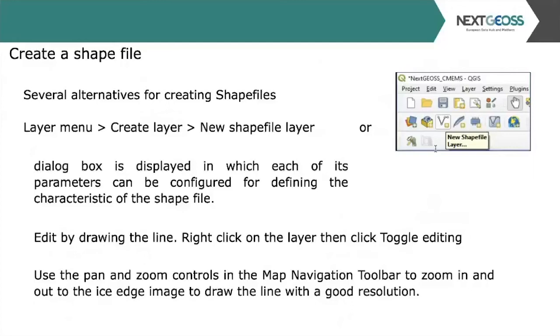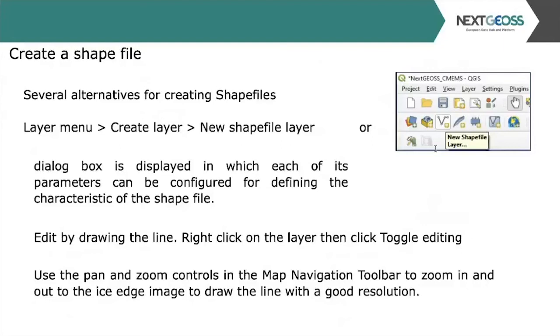After that, we will toggle editing by clicking on the pen icon, and then we will zoom in and out and try to trace exactly where the ice edge is from the images downloaded from the NextGEOSS catalog.